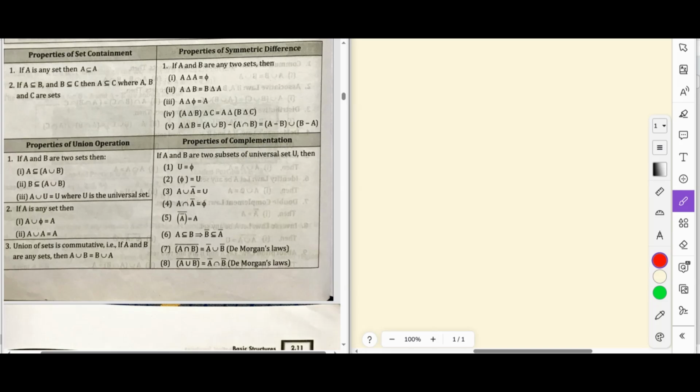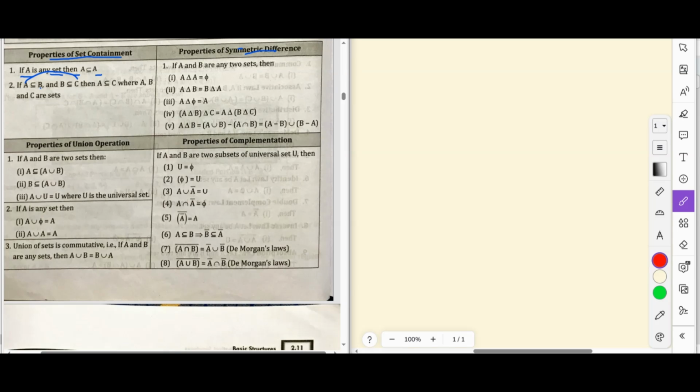So moving on, the next one is properties of set containment. What is that? If A is any set, then A is a subset of or equal to A. The second one is, if A is a subset of or equal to B and B is a subset of or equal to C, then A will be a subset of or equal to C, where A, B, C are sets.